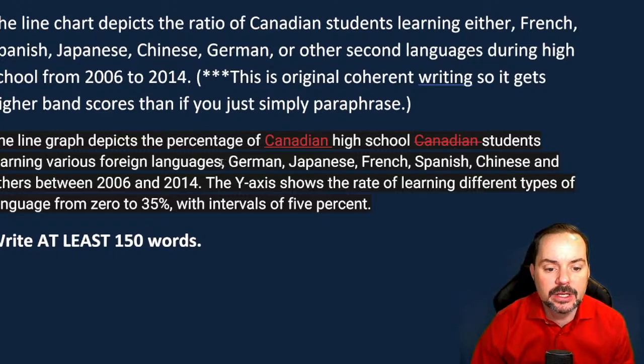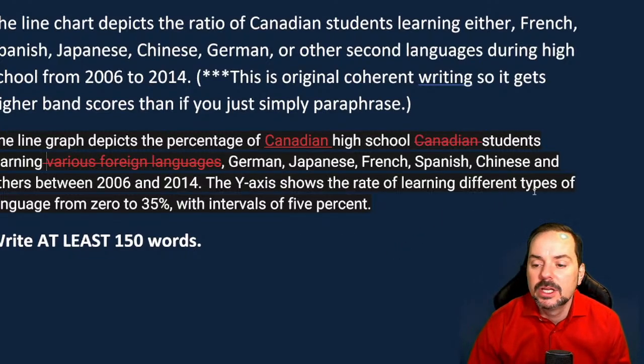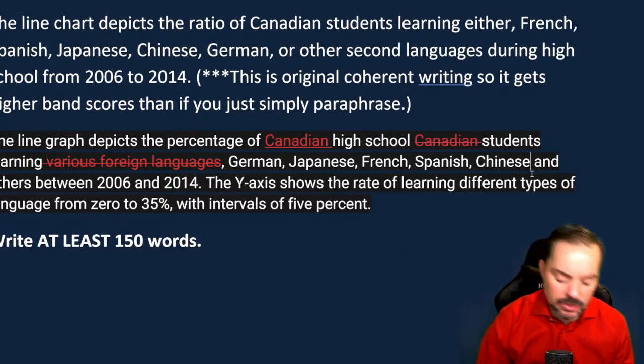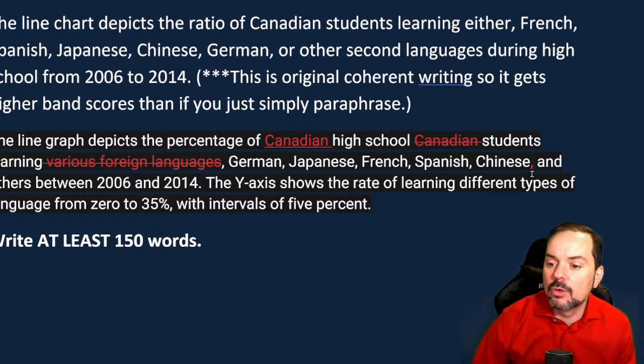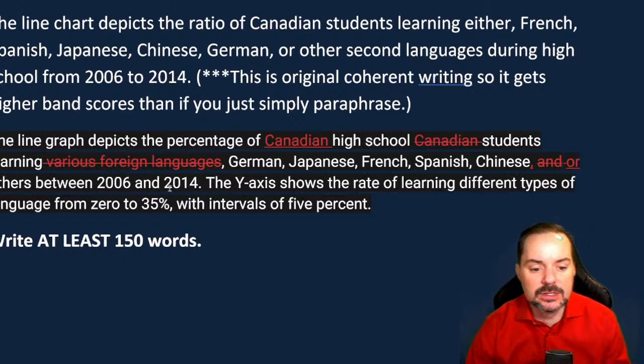So learning German, Japanese, French, Spanish, Chinese, not "and," because they're not learning all of these. It has to be an "or," Jaineel. Or others between 2006 and 2014.